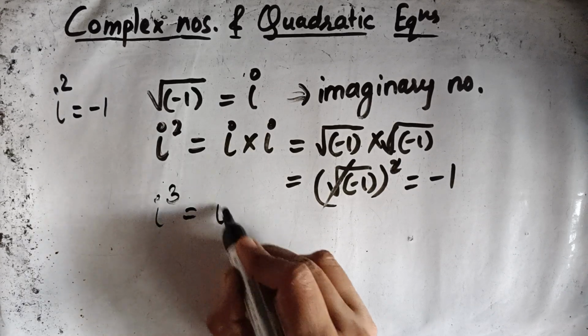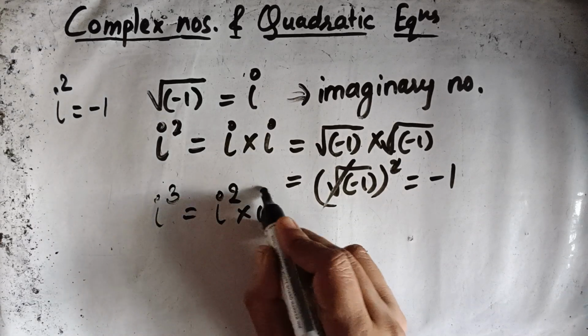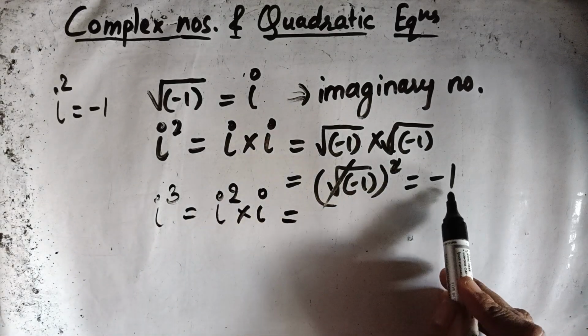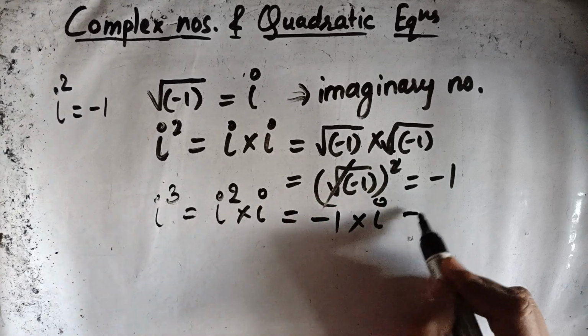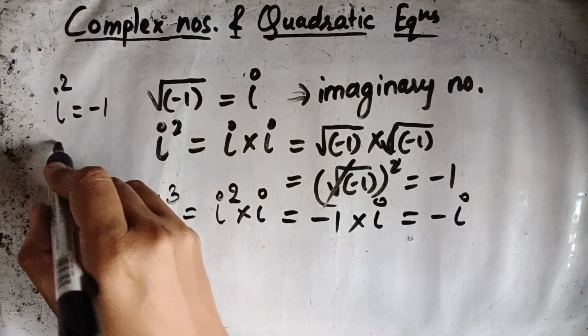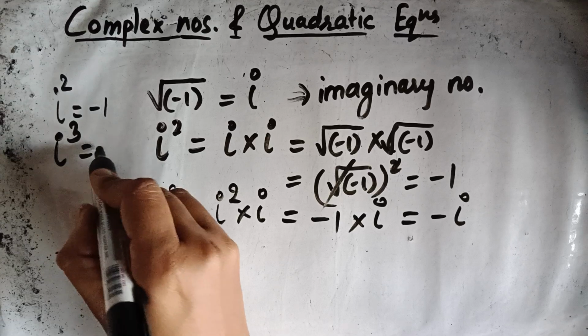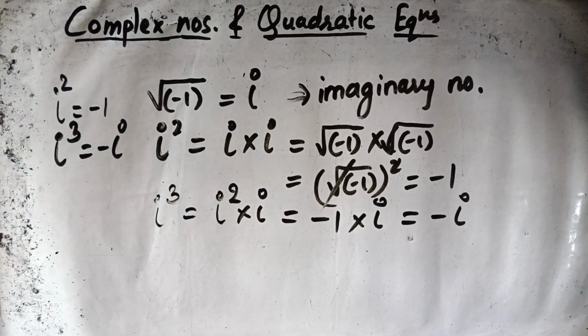What about i cube? i cube is i square into i. i square value is -1 and i is this. So minus i. So i cube is minus i.